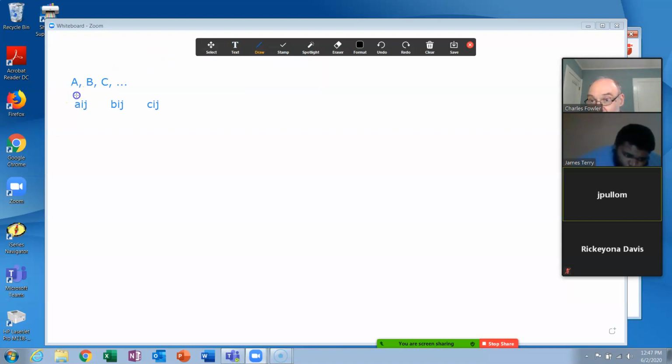Remember, the matrix symbol was a square bracket. Okay, do the same thing for B and C.